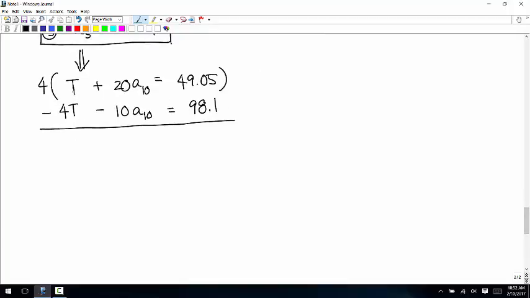And we get 0T, 70 A10 is equal to, 4, or 90, right? 4 times 20 is equal to negative 49.05.